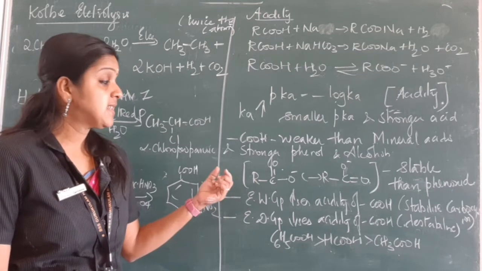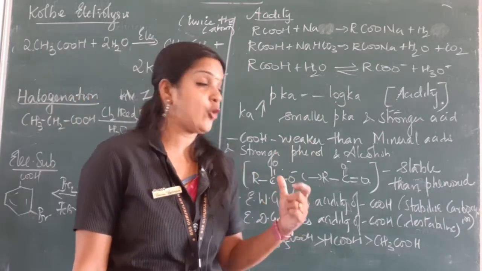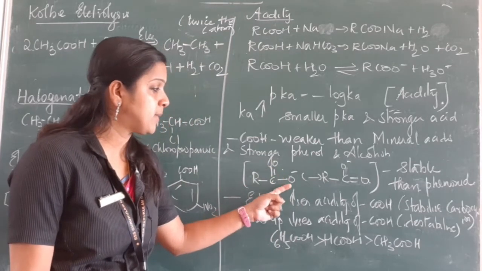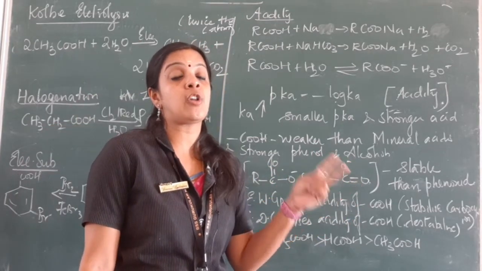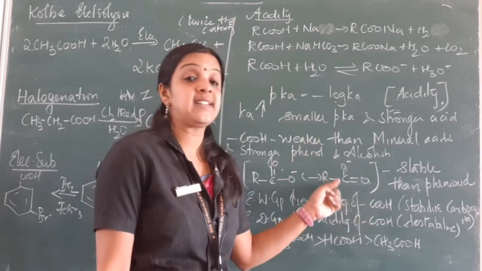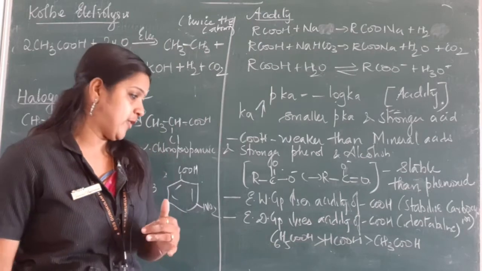Because of the stable resonance structure that it forms, you can see there is a shift of a double bond and a negative charge, because when two or more structures can be drawn, those are called resonance structures, and it is more stable than the phenoxide ion. So it is stronger than phenol.